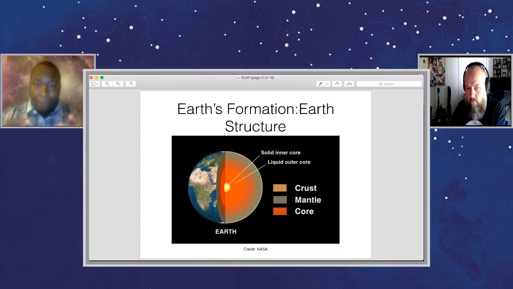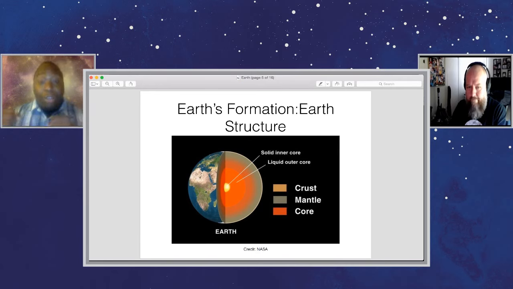As you form bigger and bigger clumps within a particular orbit, it's able to better gravitationally attract other pieces of material within the same orbit. And so, due to this gravitational attraction, the materials begin to move together.